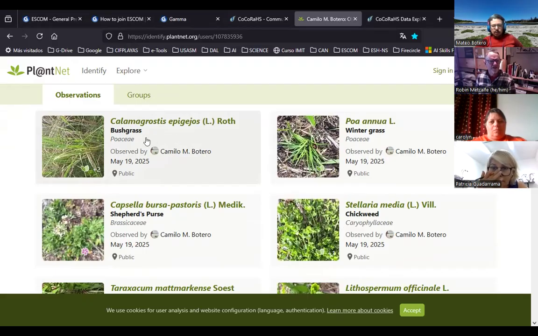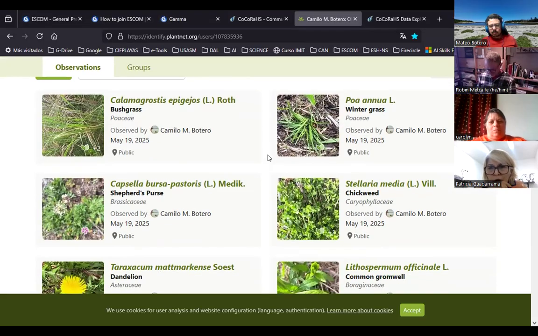So, bush grass. I think we need to review the book, and in the literature you can find the origin of the species. I suppose if we click here, we can go to the species.